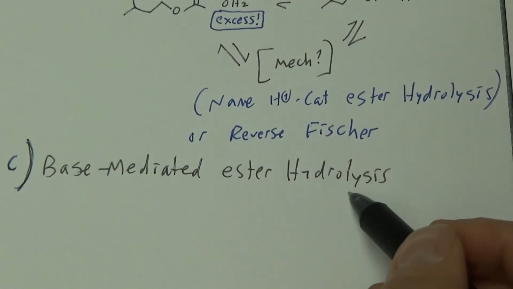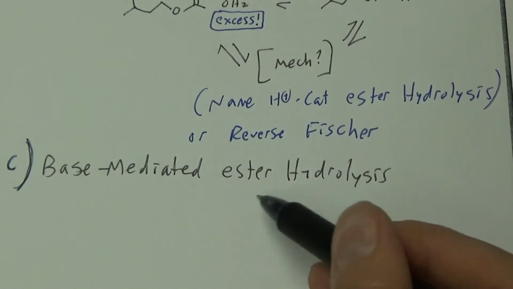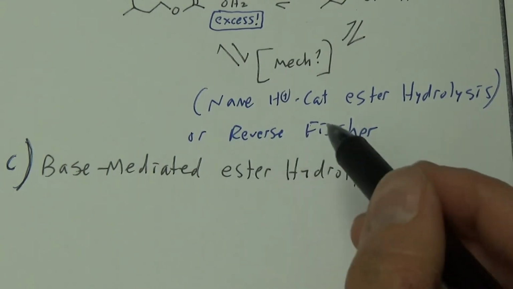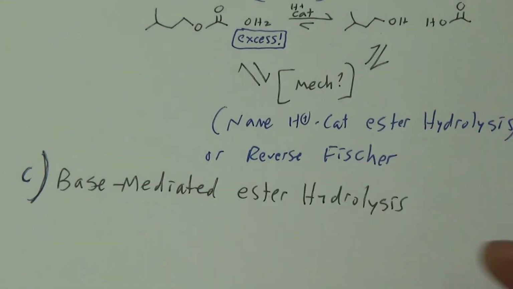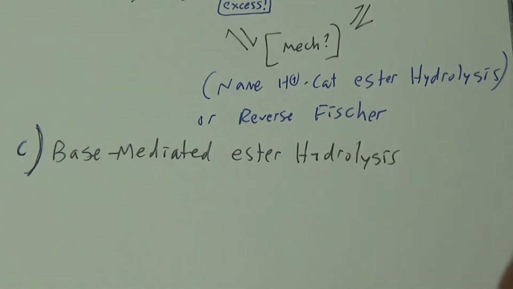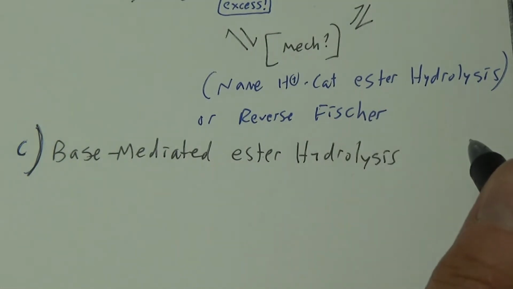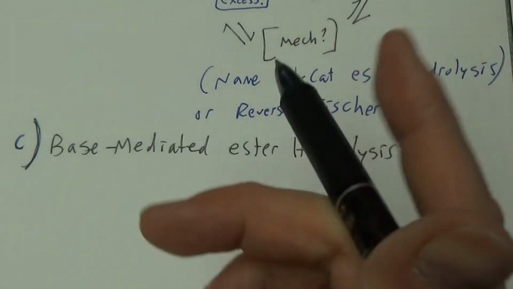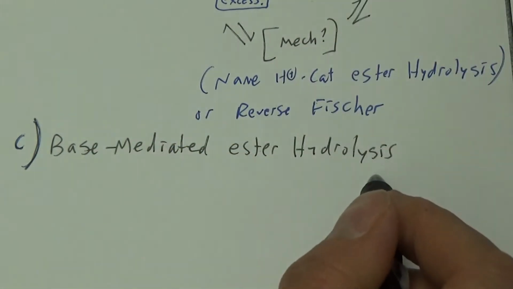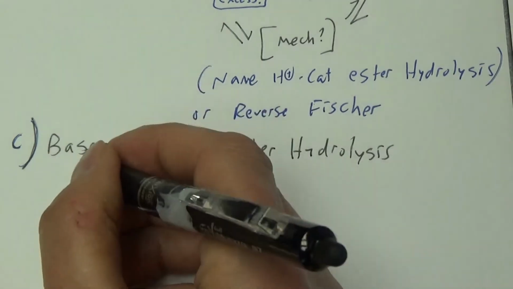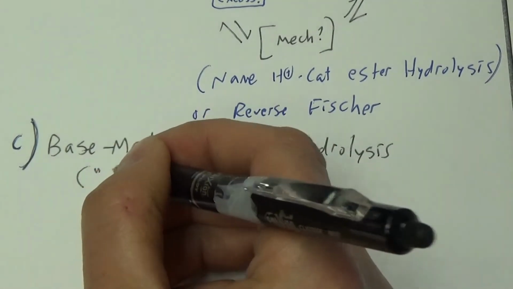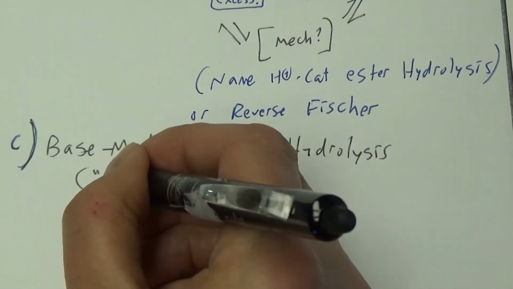Okay, it's also hydrolyzing an ester, but instead of using acid as a reagent, it's going to use base, typically hydroxide. Let's just show an example of this base-mediated ester hydrolysis. Another name for this is saponification.